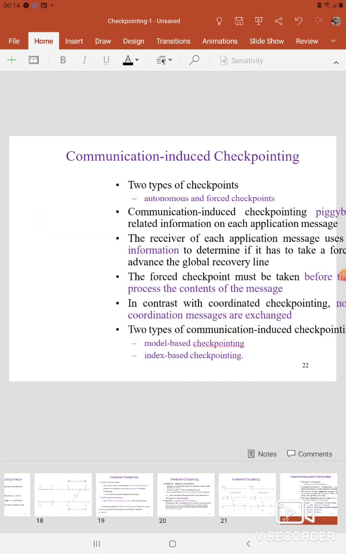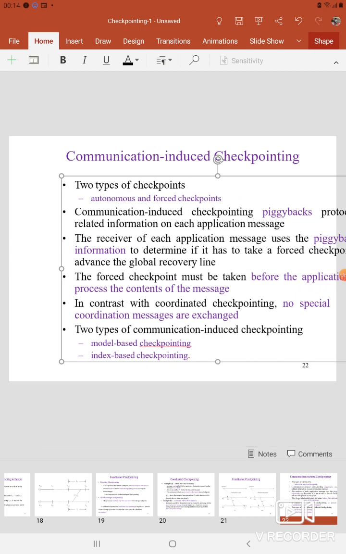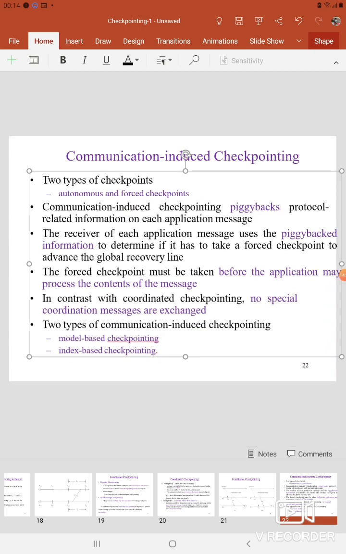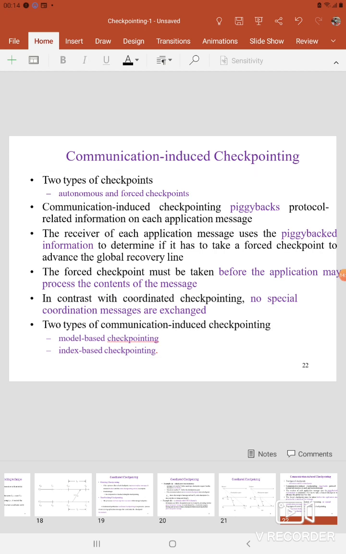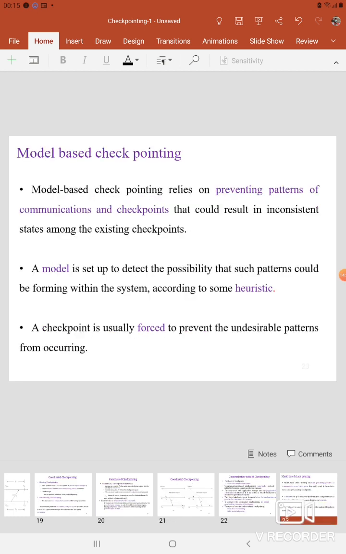And the third type is communication induced checkpointing. Here we have two types, model based checkpointing and index based checkpointing. We have categorized checkpoints as two types, autonomous and forced ones. Communication induced is an example of forced checkpoints. In the first type, the model is developed to detect the patterns which are used to find checkpoint inconsistency.